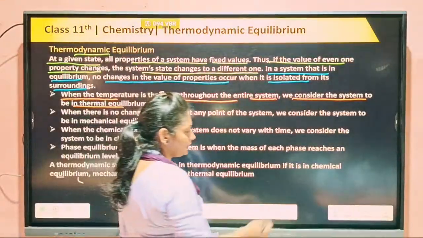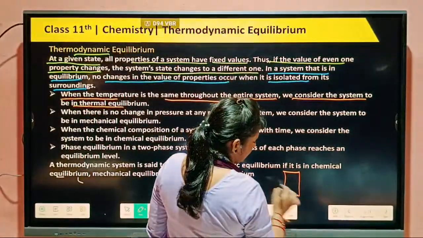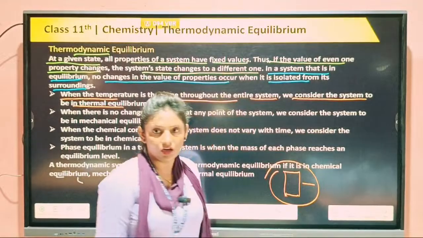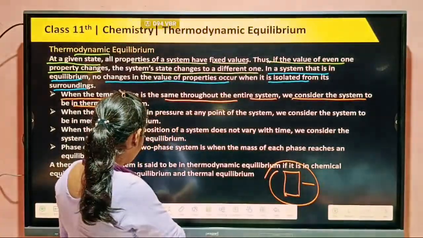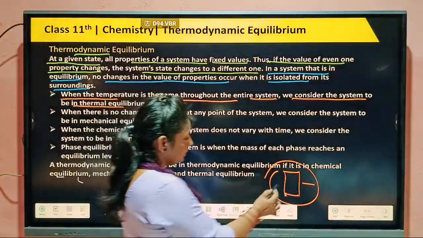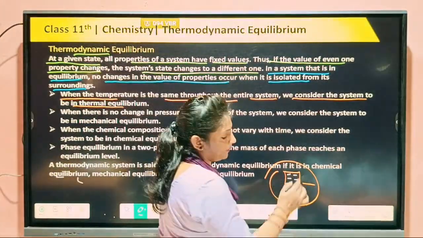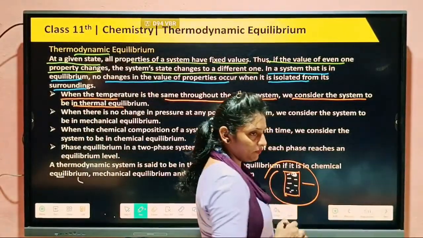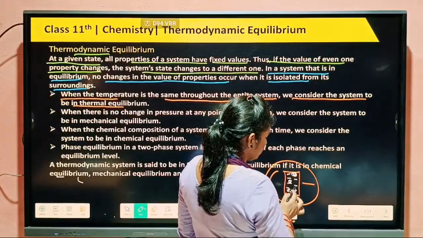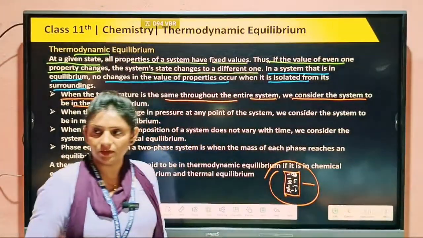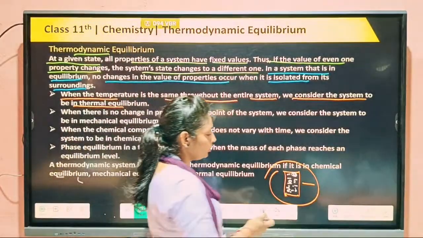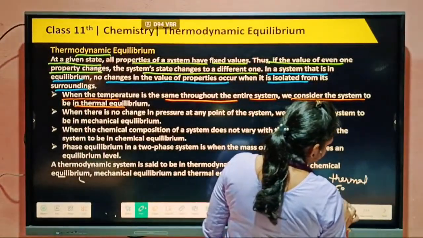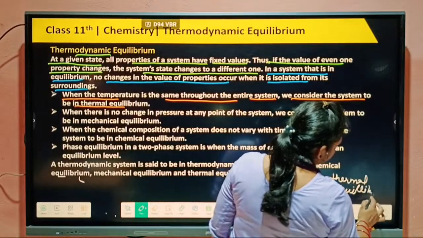Means let us consider this is the system and this one is the surroundings. If the temperature of each and every particle present in the entire system is the same, here the temperature is also the same, here also, then it is known as being in thermal equilibrium. It is clear to you or not? Yes.